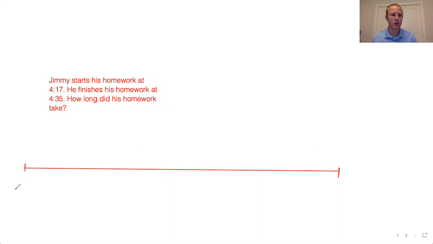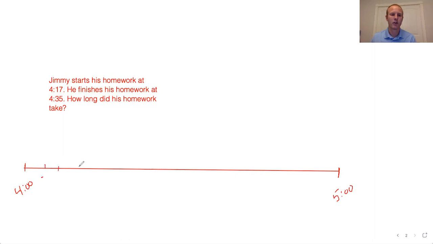So we know it's the 4 o'clock hour. And all the problems we solve are going to be contained within 1 hour right now. We're not going to do anything that goes into the 5 o'clock hour or anything like that. So it's all going to be within the 4 o'clock hour for this one.